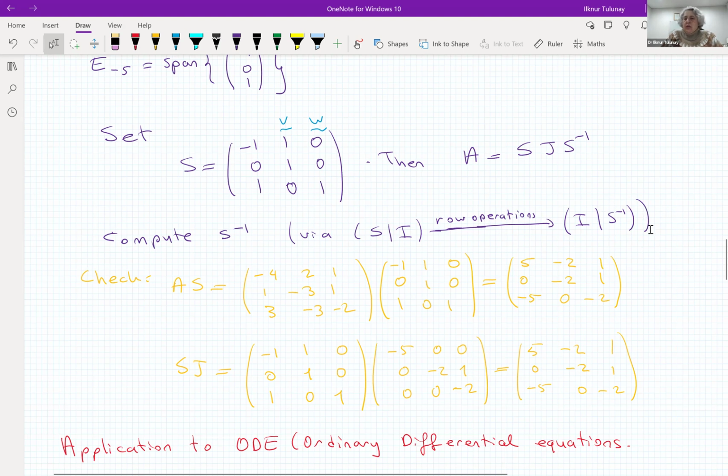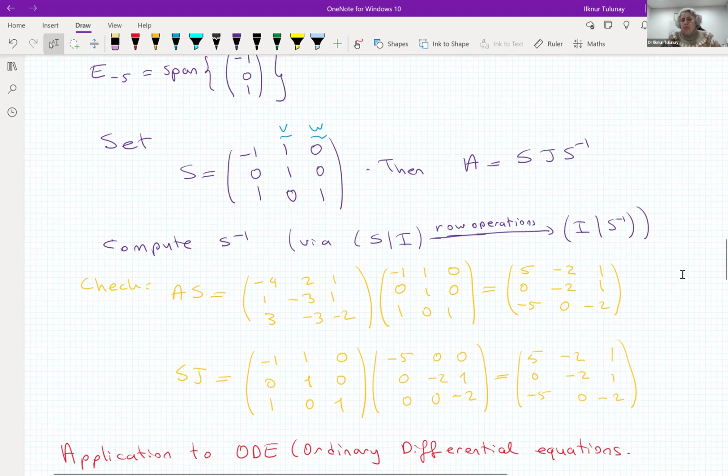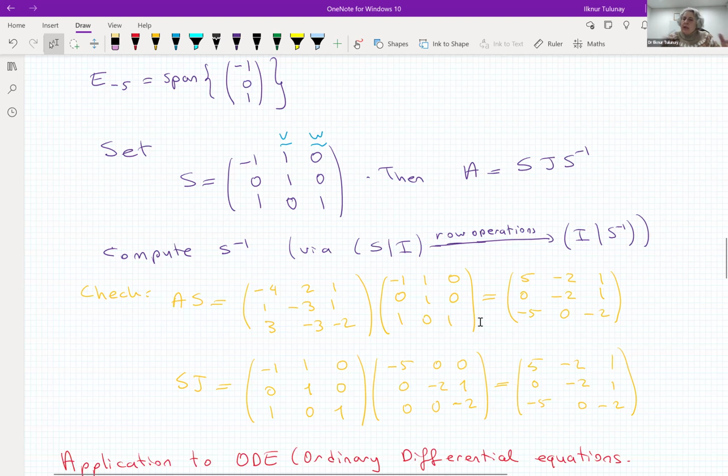These days, we usually ask the computer to find the S inverse for us. Just use MATLAB, Mathematica, or Maple, whatever you like to use to calculate the inverse of a matrix. We can also do this as a check: if you do not calculate the S inverse, or it is difficult, you can check your calculation in a corner such that AS is equal to SJ.